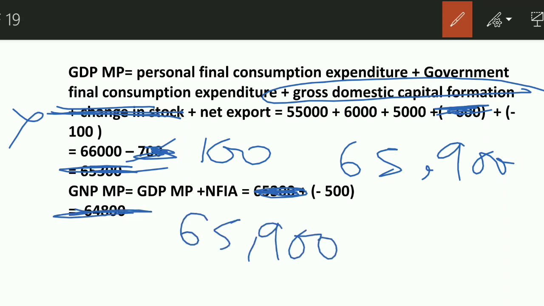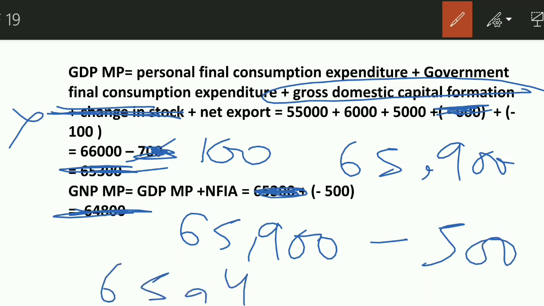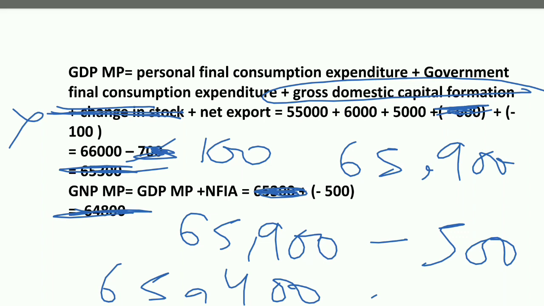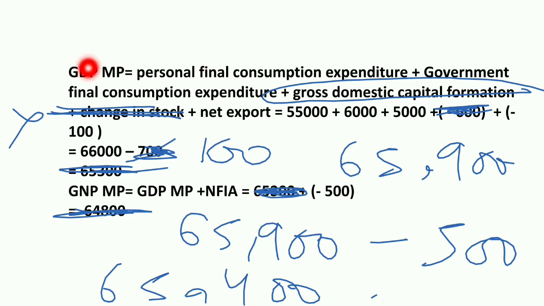Similarly here also the answer became wrong just because of this. It would be 65,900 minus 500, it would become 65,400. I hope that this is clear to you. So the answer was very simple. The answer was simply GDP at market prices: private final consumption expenditure plus government final consumption expenditure plus gross domestic capital formation plus net exports.